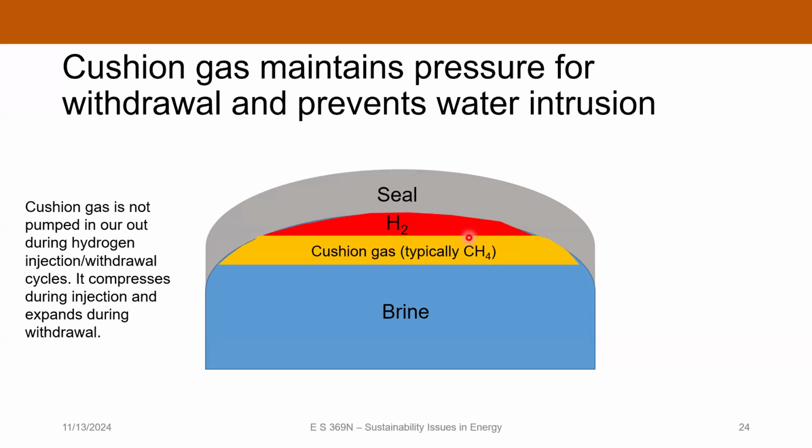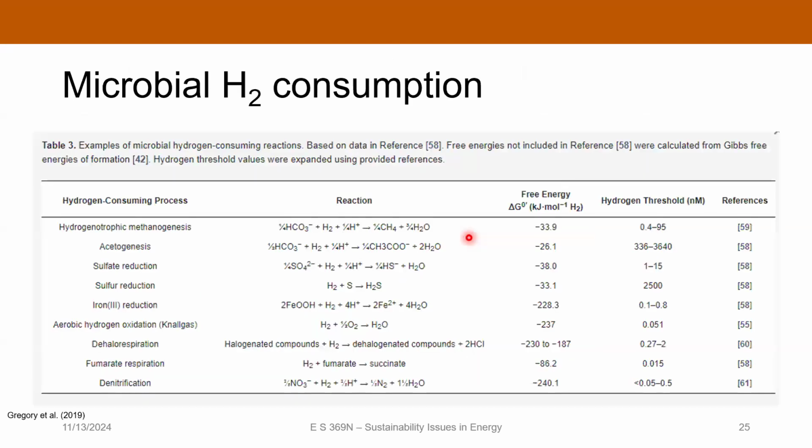Okay, so there's not just the residual trapping and the hysteresis stuff that is going to lead to consumption of your hydrogen. Microbes love hydrogen. It's a very good source of electrons, and that can be used to produce energy.